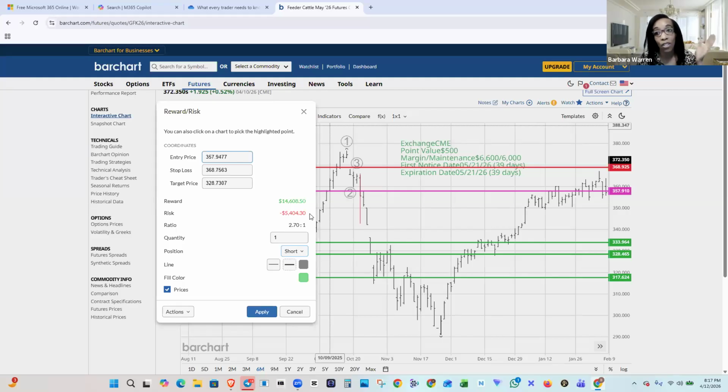You got the margin, but you better have more than $12,000. So you would need more than that, you got a $5,400 stop loss, and this is your full 10%. Who could give me the number to tell me how big of an account size you need to risk $5,400?